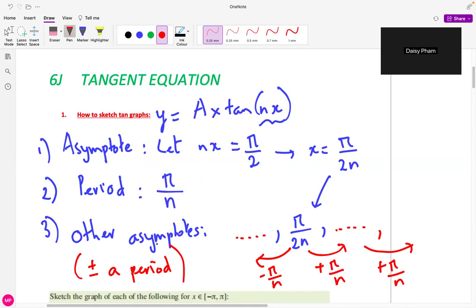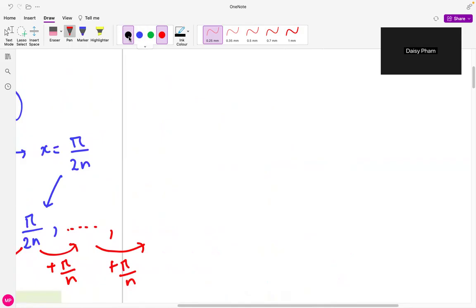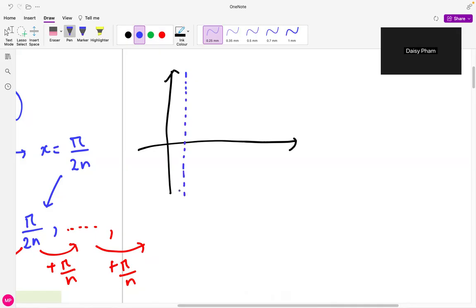So what does the tan graph look like? Let's say this is our scale, and one of the asymptotes here is x equals pi over 2n. If we add a period, we get to the next asymptote here.